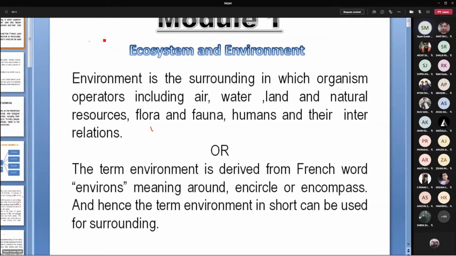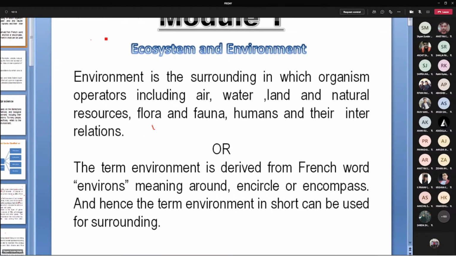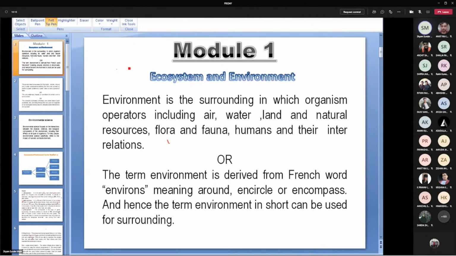So now you can assume for the environment. Everybody knows that in your surroundings there are two important components present: one is biotic, another is abiotic. Each is dependent on the other. Biotic means organisms, abiotic means non-living components.